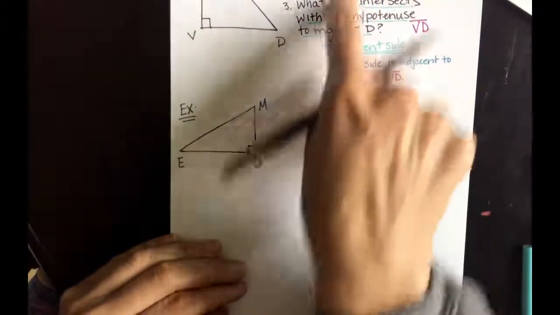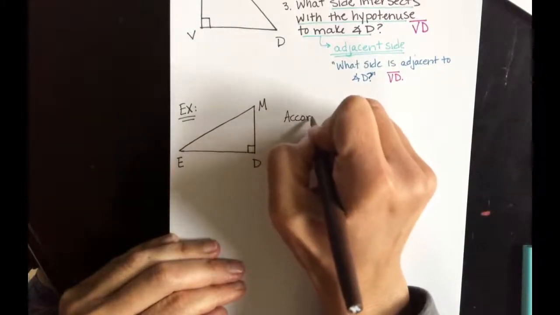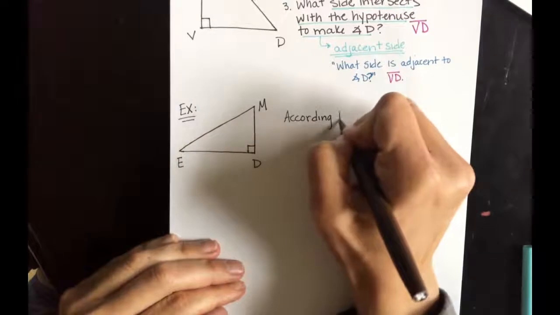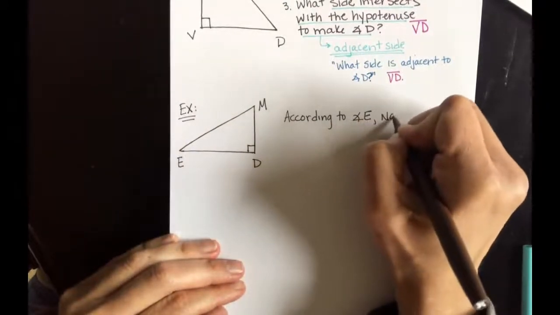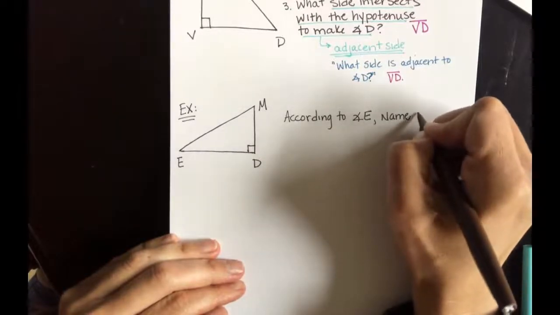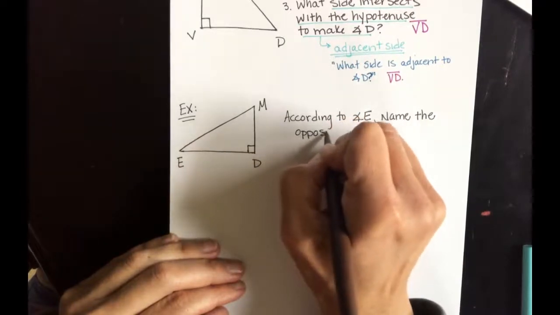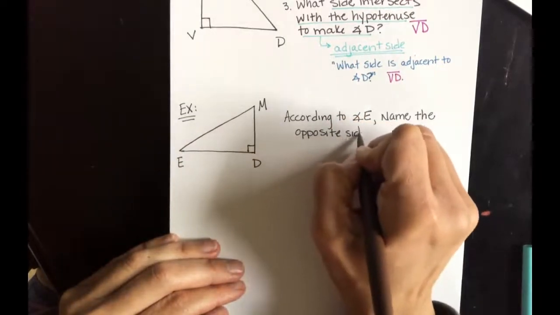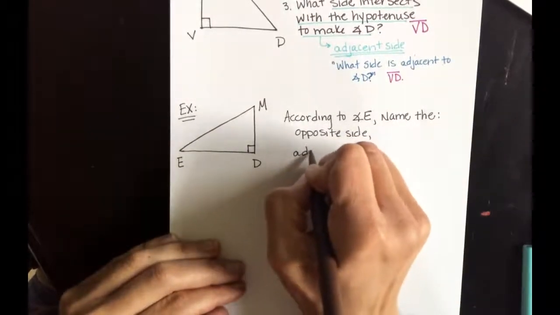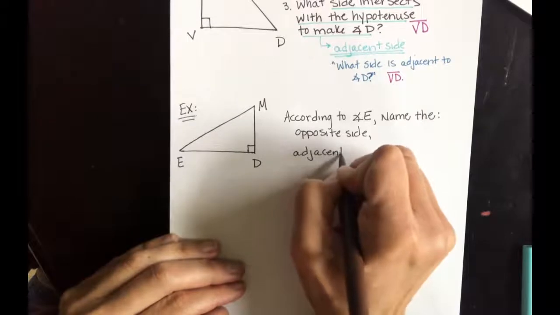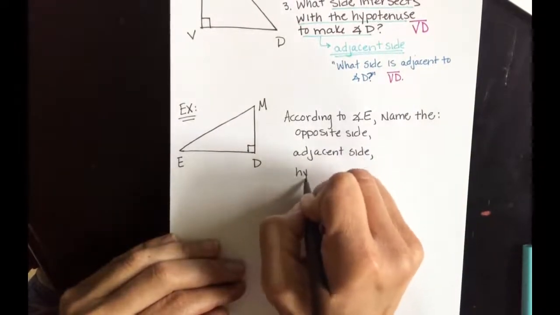And now I'm going to change these questions, and I'm going to say, according to angle E, name the opposite side, the adjacent side, and the hypotenuse.